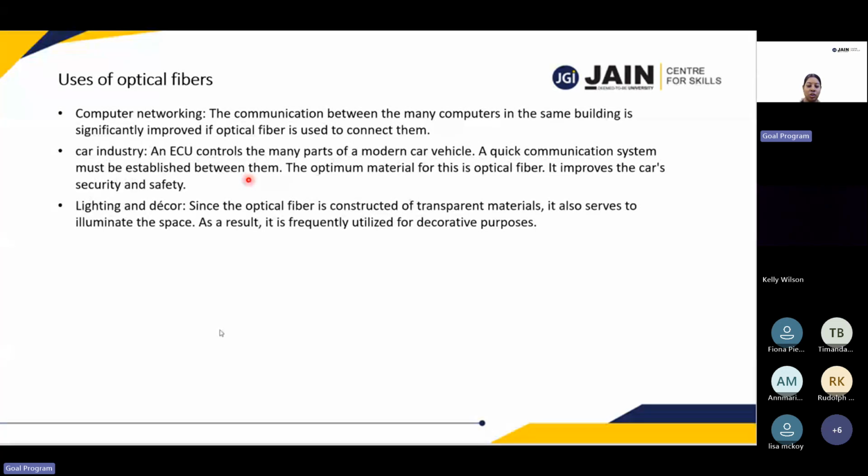So any doubt so far, students? Any examples do you want to give about the fiber optics cable?